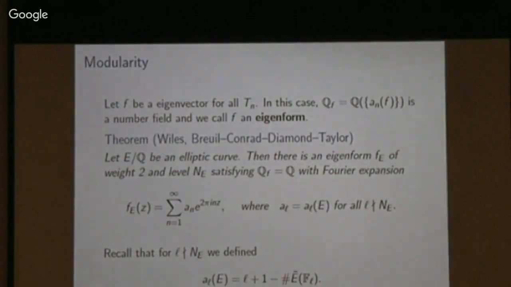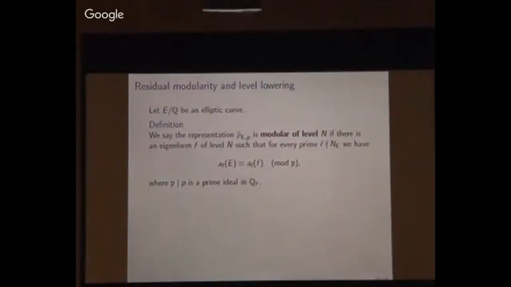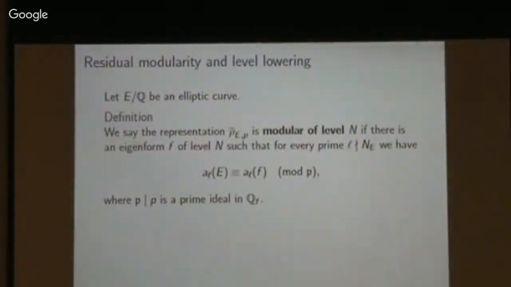This is what we understand by modularity of an elliptic curve, but there is another type of modularity that is also very helpful for us in the continuation. We call this residual modularity, and it is a little bit less restrictive. It goes like this. If we start with an elliptic curve over the rationals, we have this mod p Galois representation attached to it.